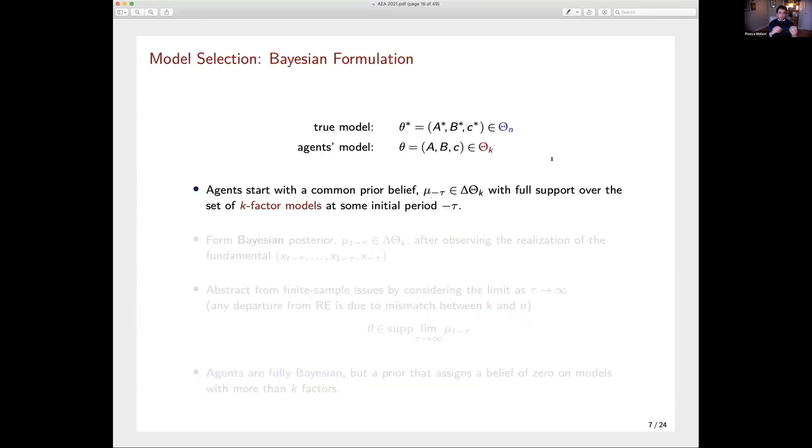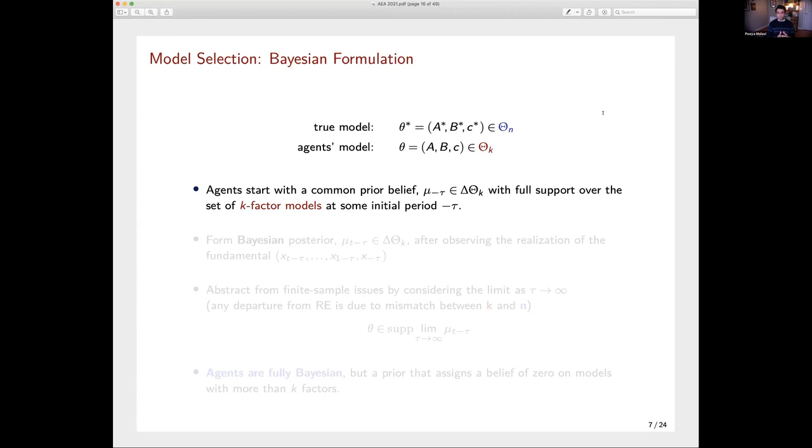Okay, so how do the agents learn the parameters of their model? Agents start with some prior mu minus tau at some period minus tau. Think about it as some distant past period. The agent's prior has full support over the set of all k-factor models, but importantly, only over the set of k-factor models.